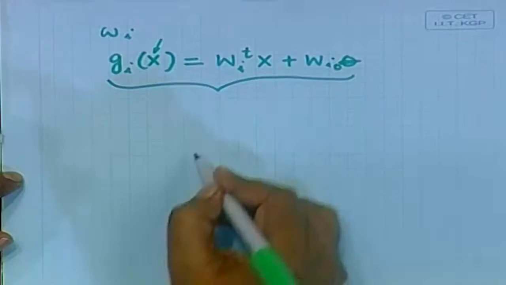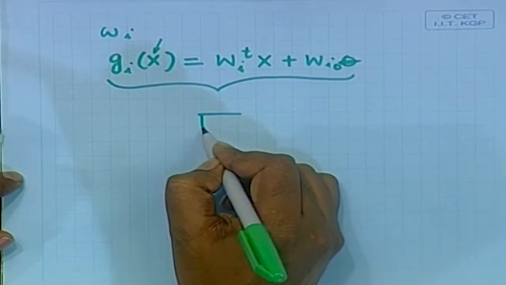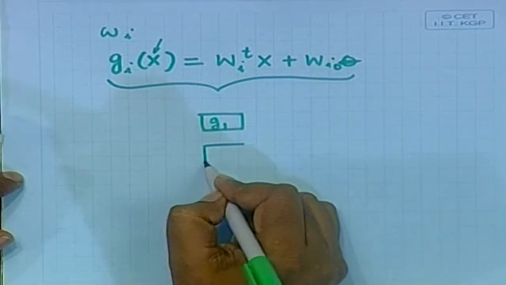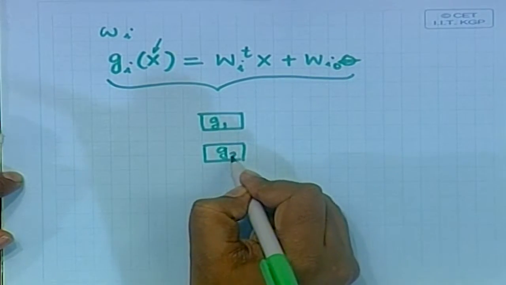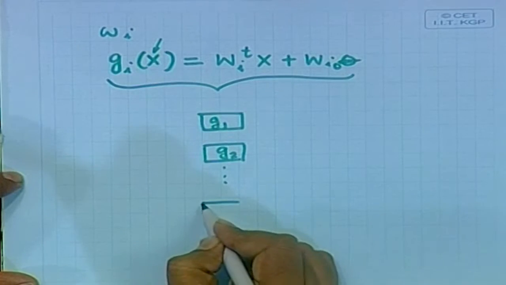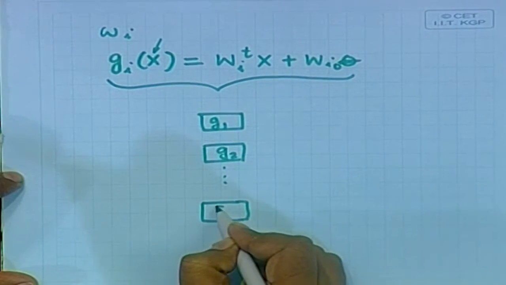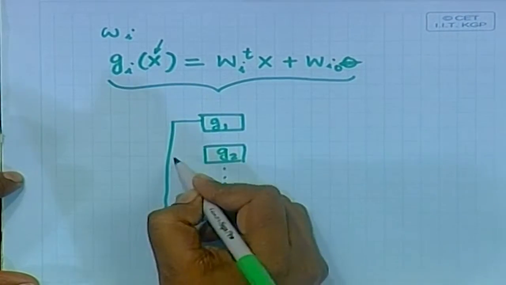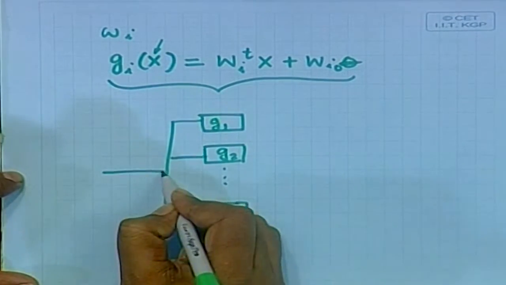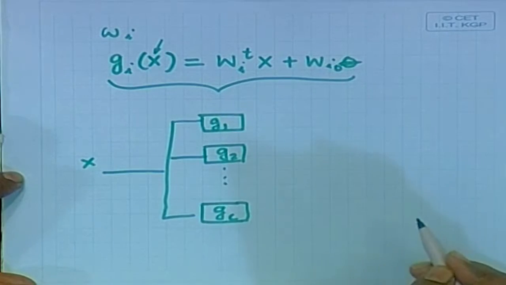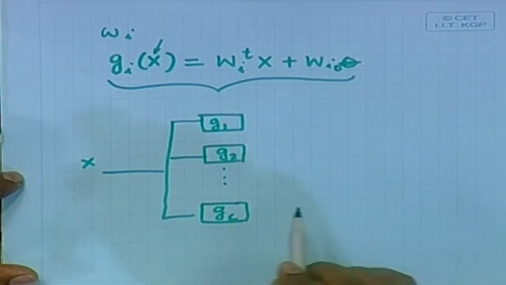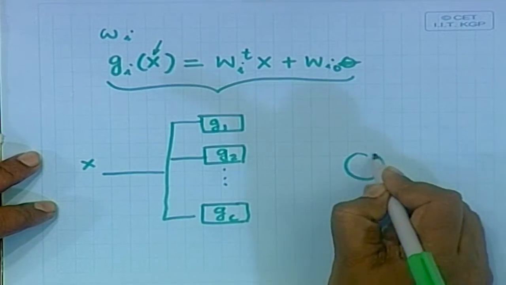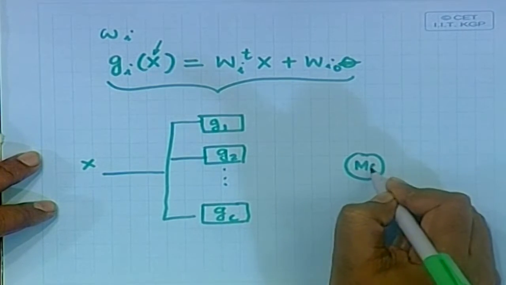So we have something like this: we have G1, G2, and so on, up to GC if there are C classes. Given a vector x, the vector x will be fed to the discriminant functions of all the classes. Then I have a max selector.